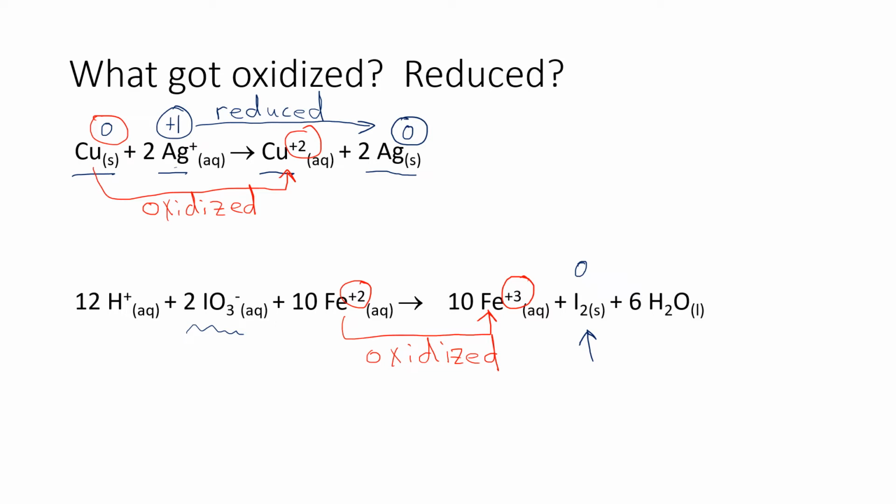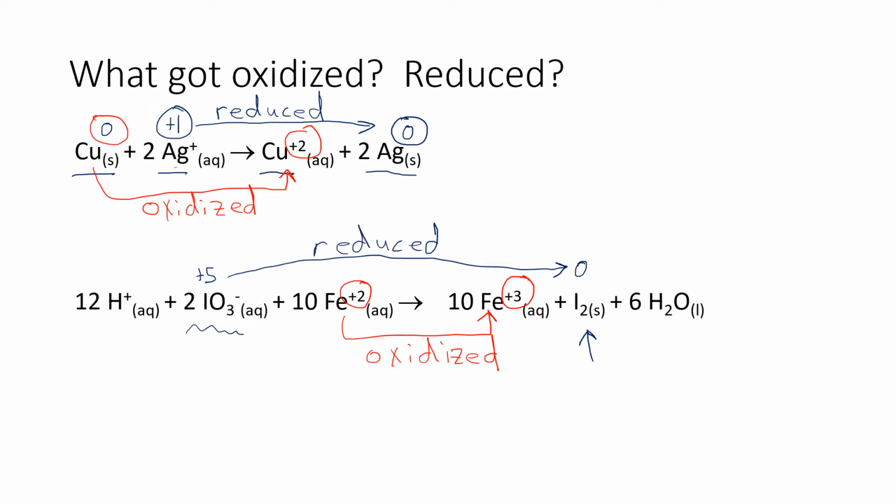The oxygens in this ion each contribute -2. There are 3 of them, which means a -6. So that tells us that the iodine over here must be a +5, so that +5 and then the -6 from the oxygens add up to give a charge of -1. So iodine is going from a +5 to a 0, which means it's being reduced.